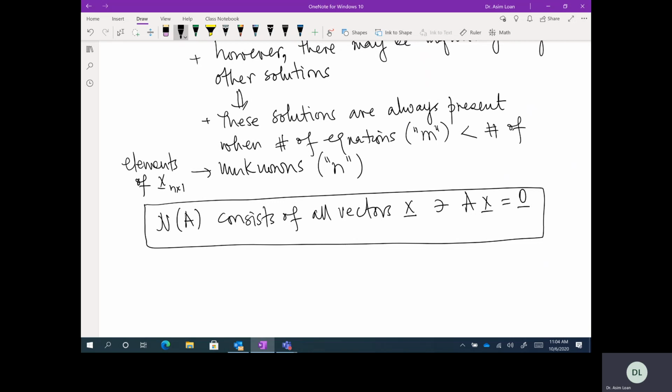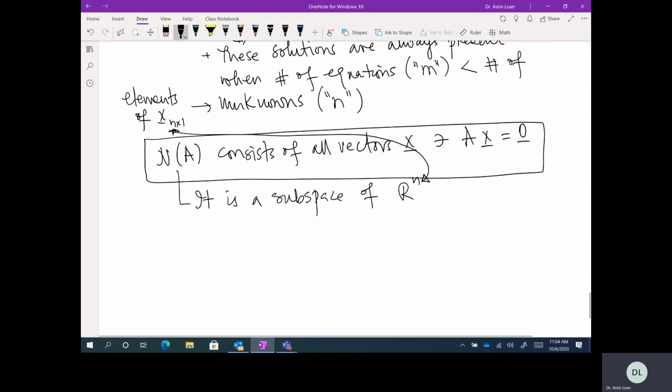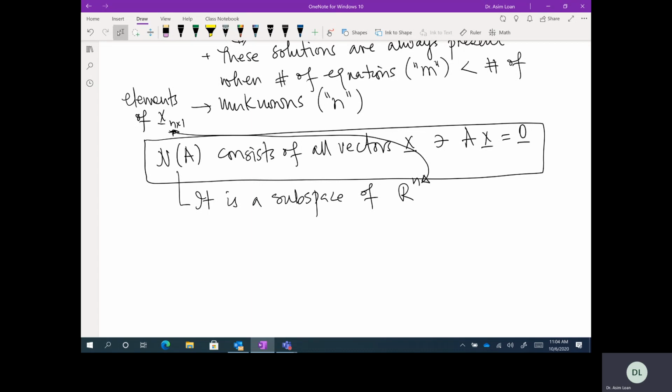Obviously, x has n components, so the null space is a subspace of Rn. Why Rn? Because the number of elements in the vector is n, so obviously it's a subspace of Rn.